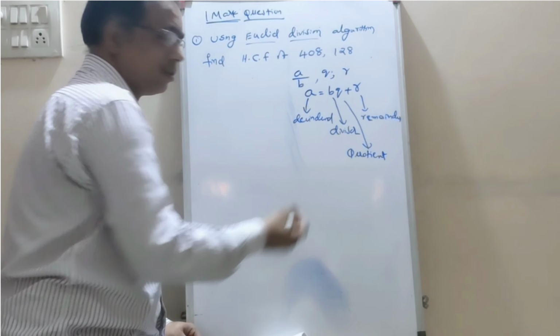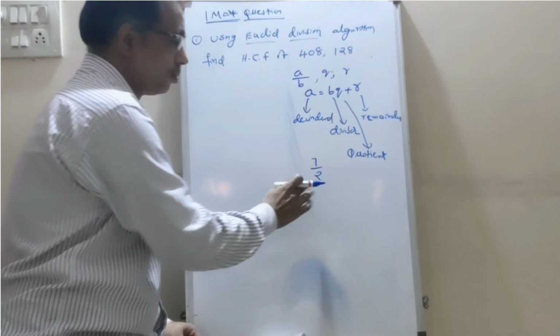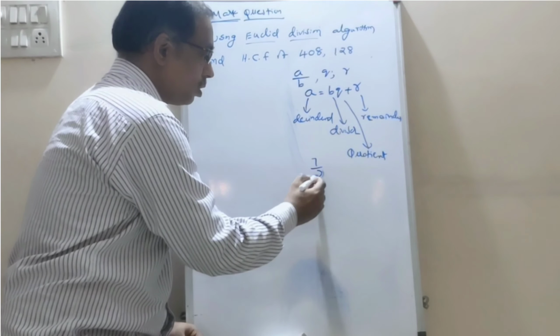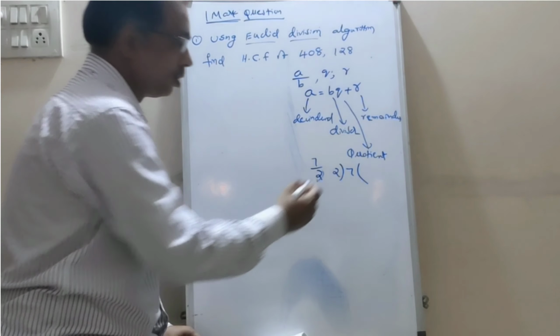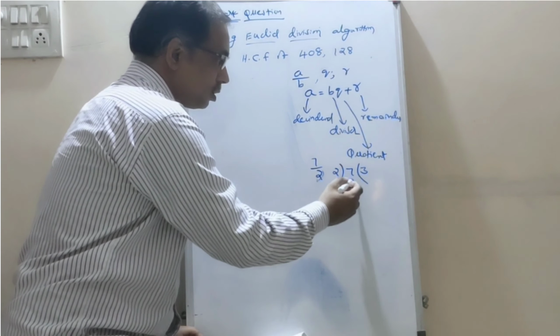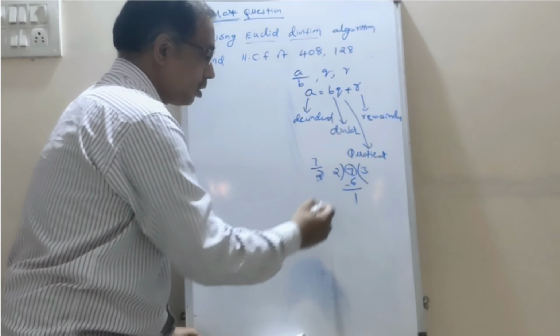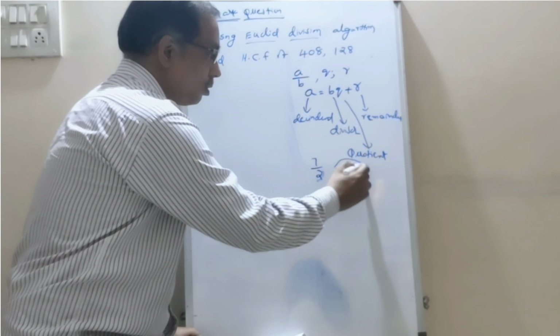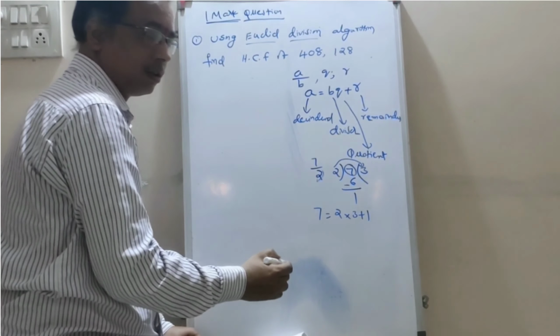For example, I am taking 7 by 2. Divide 7 by 2. Then we get 2 threes are 6, 7 minus 6, 1. That means 7 can be written as 7 is equal to 2 into 3 plus 1.